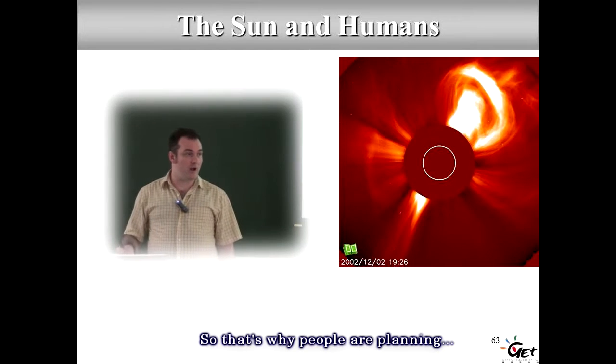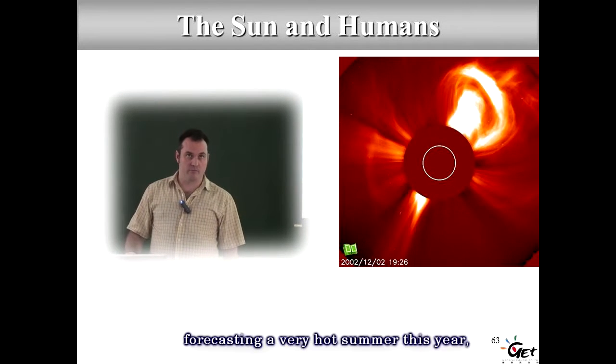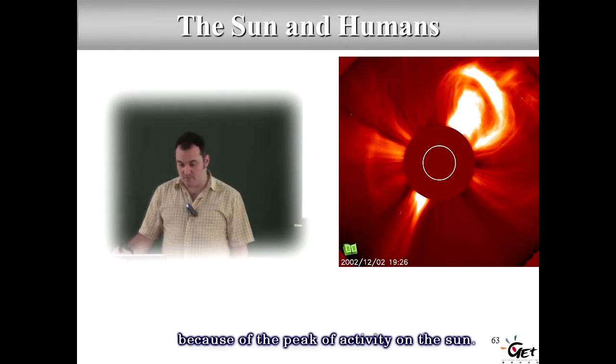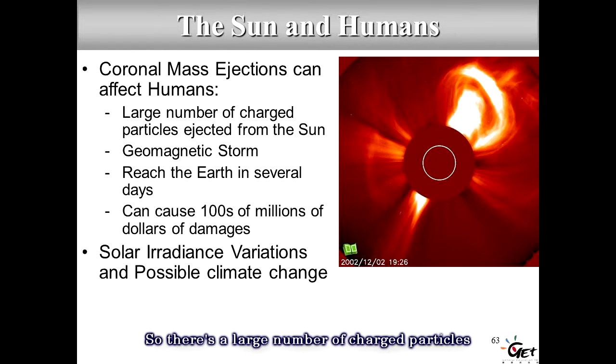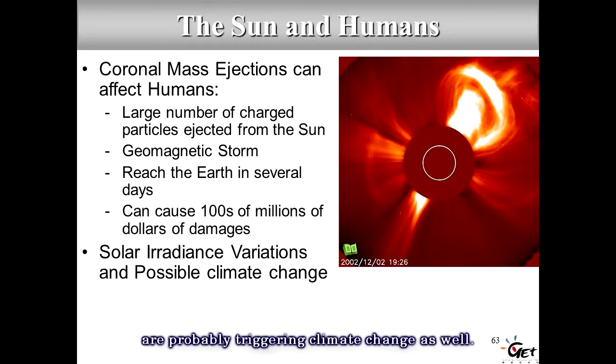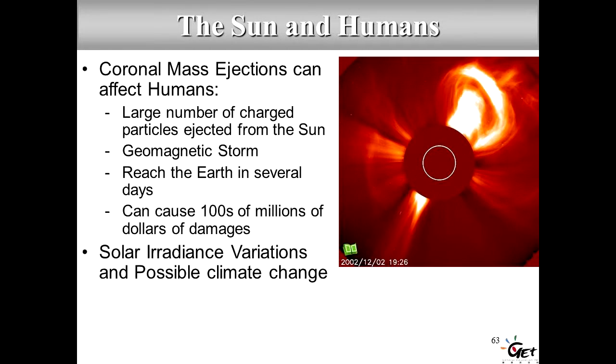That's why people are forecasting a very hot summer this year because of the peak of activity of the sun. So there is a large number of charged particles that are ejected from the sun coming toward us, creating geomagnetic storms and auroras. And those storms reach Earth in several days. So the irradiance variations of the sun are probably triggering climate change as well.